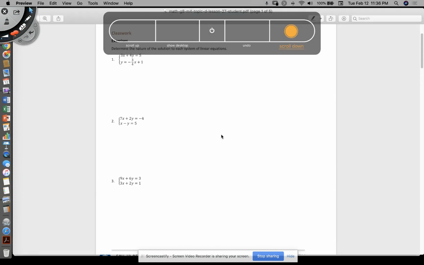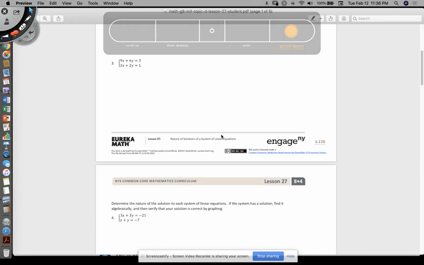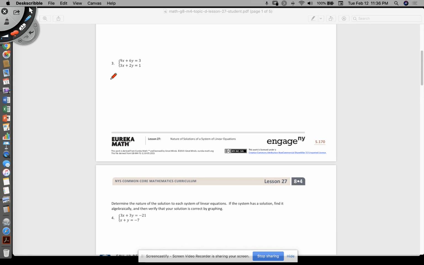I'm going to move this up real quick. Let's go ahead and fix both of these. I have 9x plus 6y equals 3. I'm going to move my 9x. Those cancel, and I get 6y equals negative 9x plus 3. Divide out that 6 to everything.